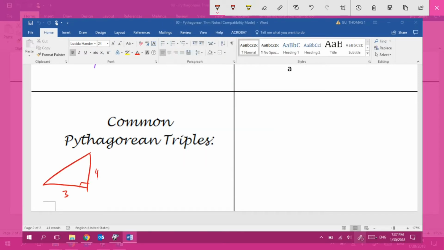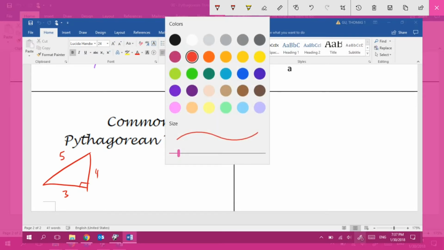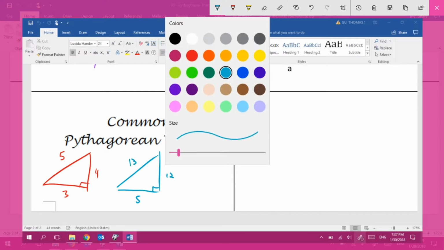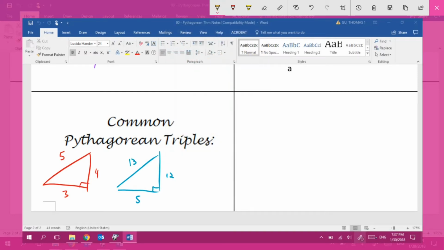Next up in second place, a lot of people still like this one: the 5, 12, 13 right triangle. And then another common Pythagorean triple, more for those underground right triangle fans, not so mainstream yet: the 7, 24, 25.